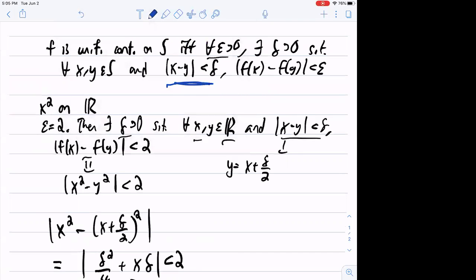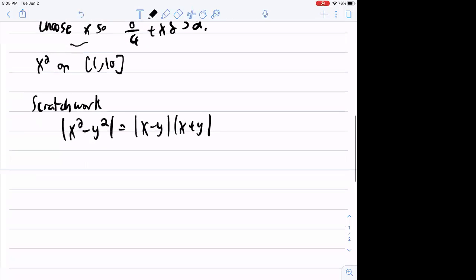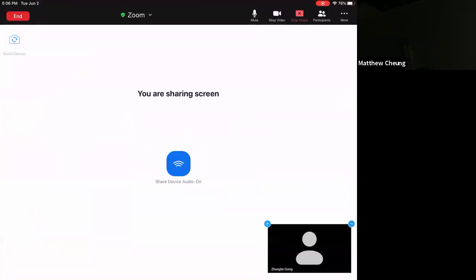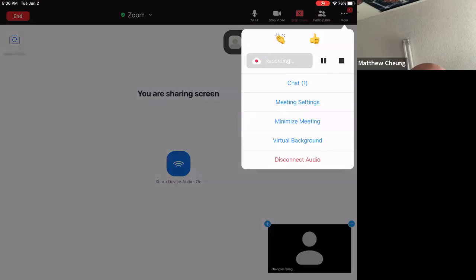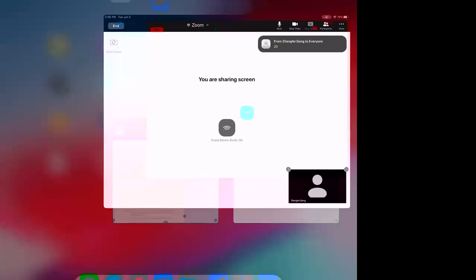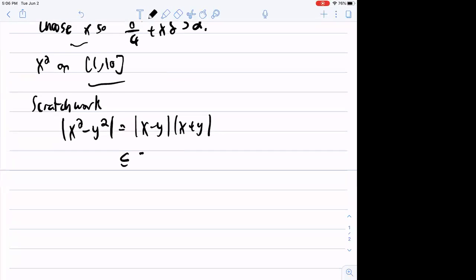I can make x minus y small. Now, x plus y, maybe not, but if I'm on 1 to 10, what is the biggest x plus y can be? Anyone? Yeah, 20. So this is less than or equal to 20 times |x minus y|. So hopefully you know what to choose.